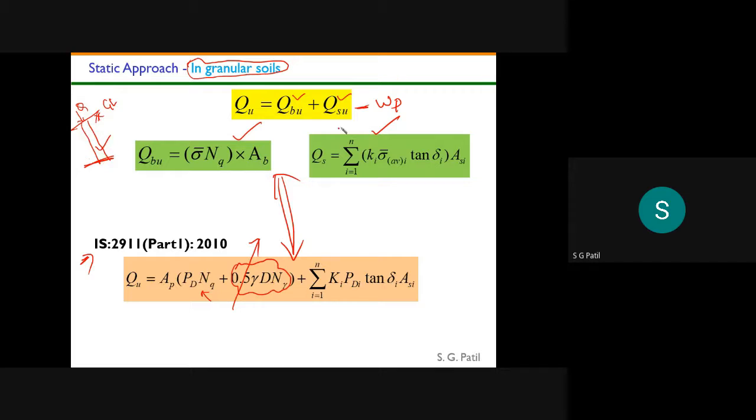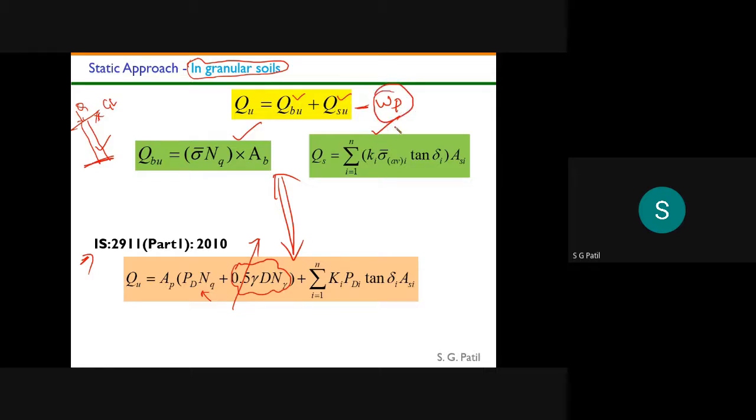So that's why, while calculating the ultimate load carrying capacity of the pile, the base resistance will resist that, so it's plus, and the shaft resistance also will resist the Q value. But the weight of the pile is in the same direction as your Q value, so I have to deduct the weight of the pile.